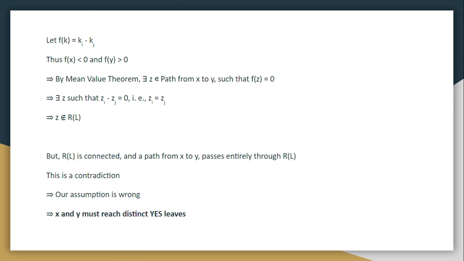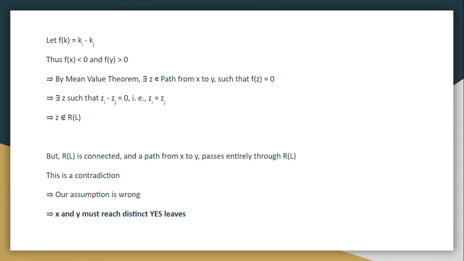But what does this say? If zi is equal to zj, that means that in an input z, two elements are the same, which means that the input z is not distinct, which means that it will end on a no leaf. It will not end on leaf L because L is a yes leaf, and thus z does not belong to the region RL.